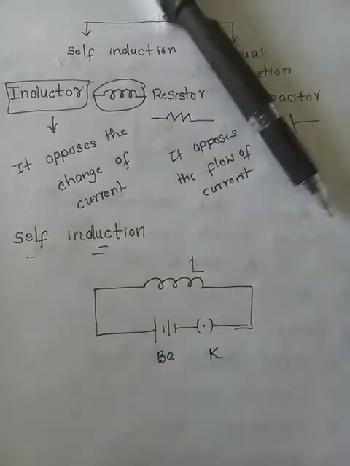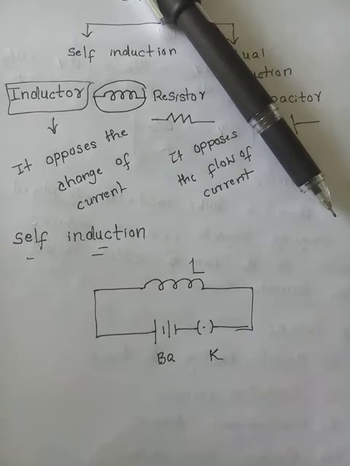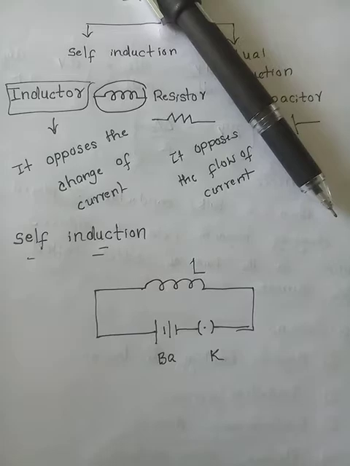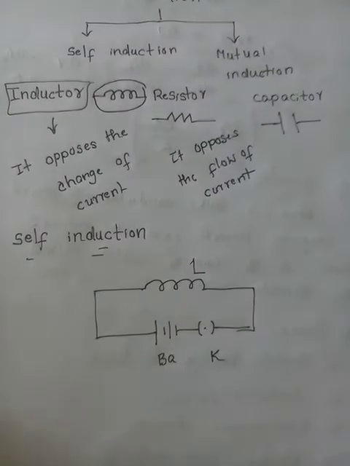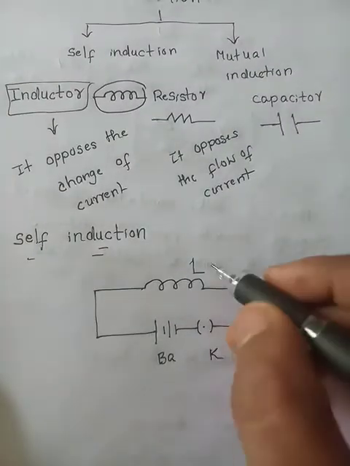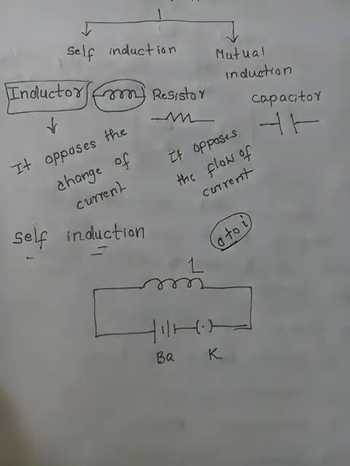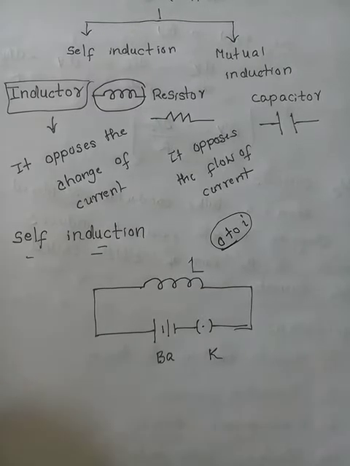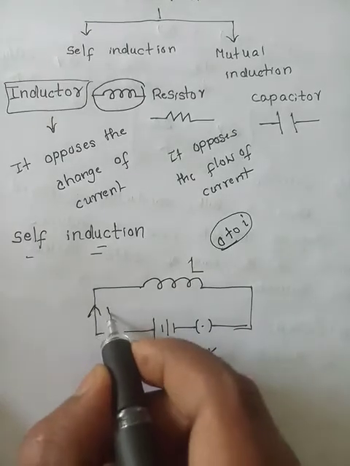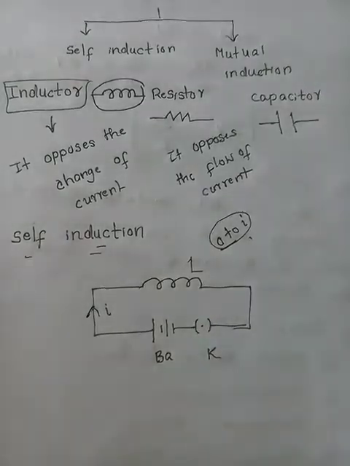Now I am going to switch on the circuit. When you switch on the circuit, what happens? The current changes, right? The current starts to increase from 0 to I, because at an instant it cannot directly come to I. It slowly increases and reaches a point I.